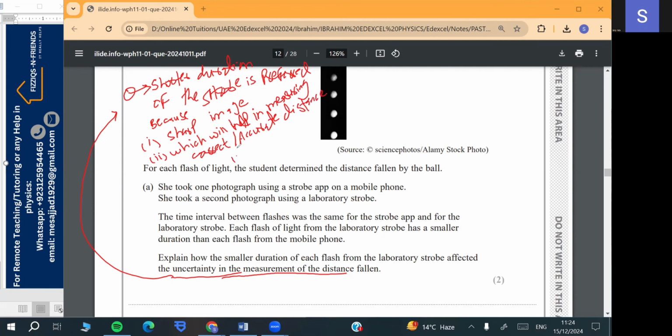And when you have these two things in your measurements, you will automatically reduce your uncertainty.